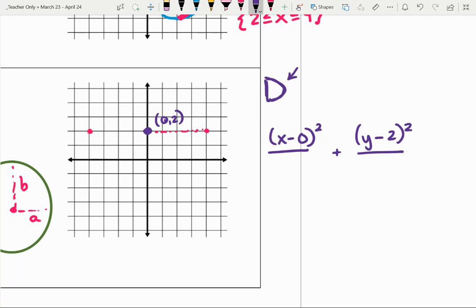Those are those distances squared. So if my horizontal distance is 4, I'm going to be dividing by 4 squared. And then let's say I want a vertical distance of 3. So I'm going to divide by 3 squared there and set it all equal to 1.